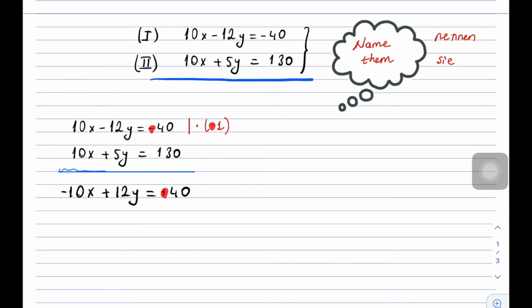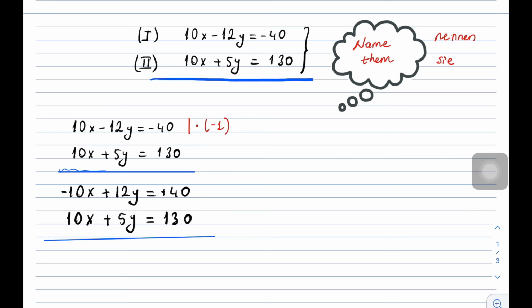Negative times negative is positive. And then just copy down the second equation: 10x plus 5y is equal to 130. Again, I need to make my blue line, or another color, but make the line.